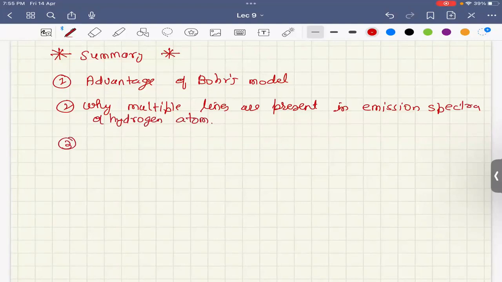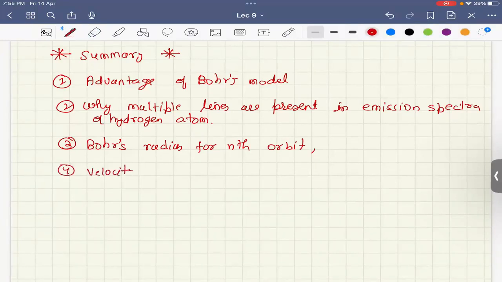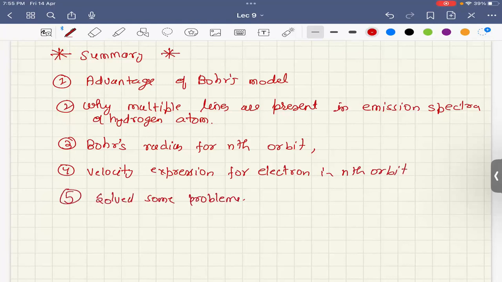Further, we have also studied about the Bohr's expression for Bohr's radius for nth orbit, also velocity expression, right? Velocity expression for electron in nth orbit. Further, we have also solved some problems. So this is where we conclude today's class.